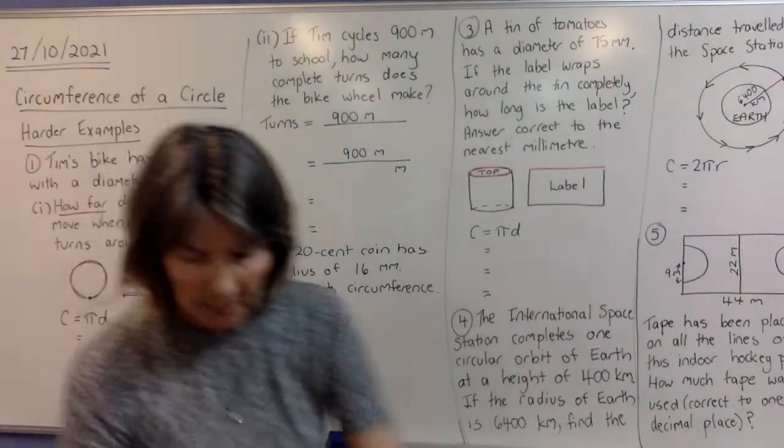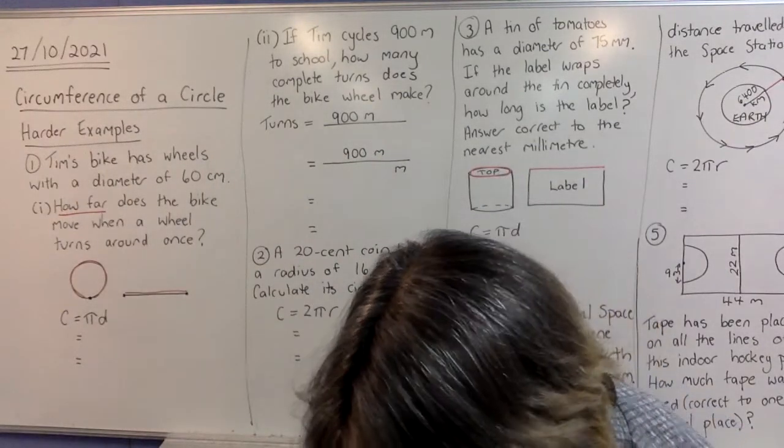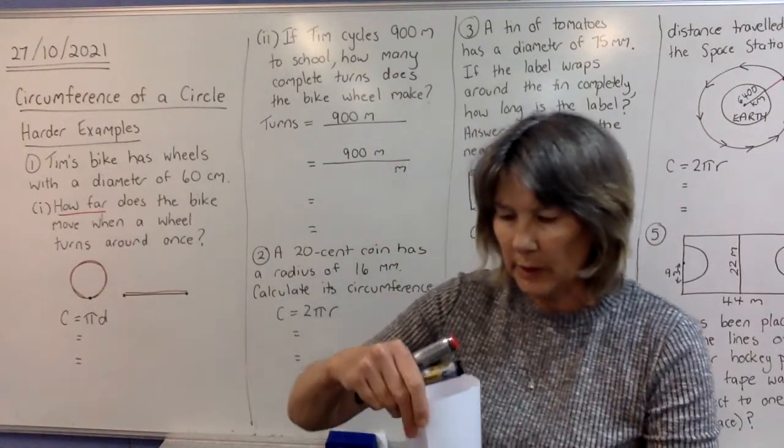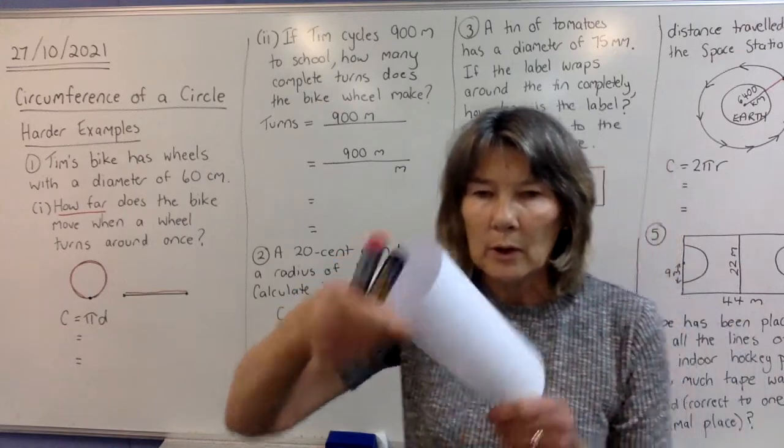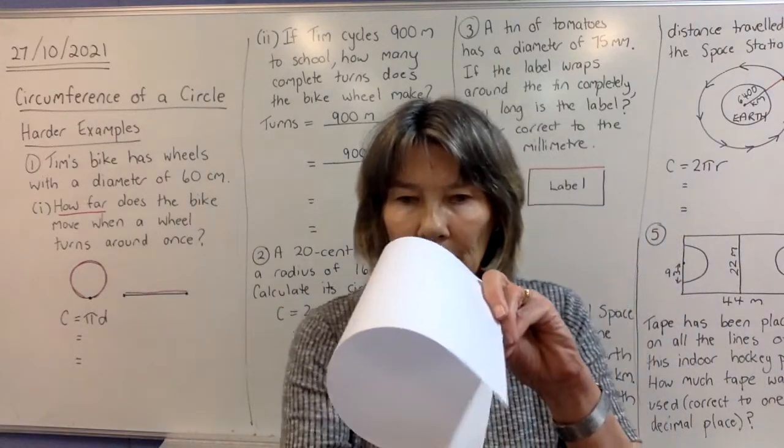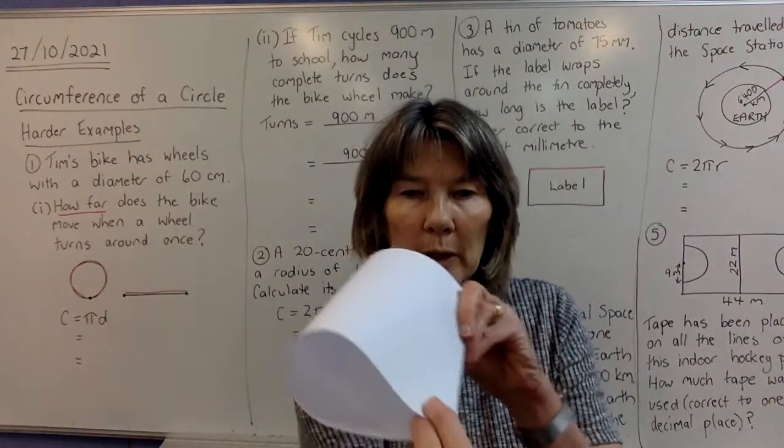So if we have a look at a piece of paper here that I'm just going to fold up into a circle, you'll see what I mean. So here's your wheel, right? So there's a circular wheel.